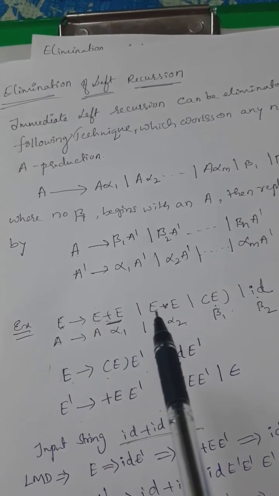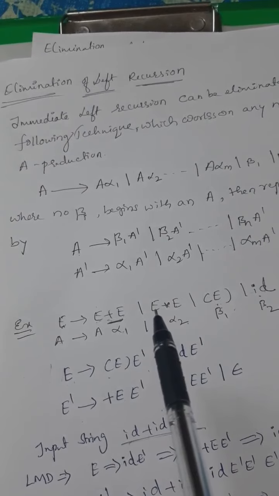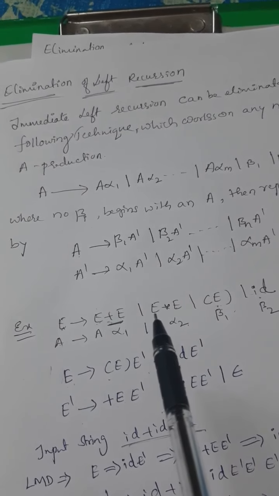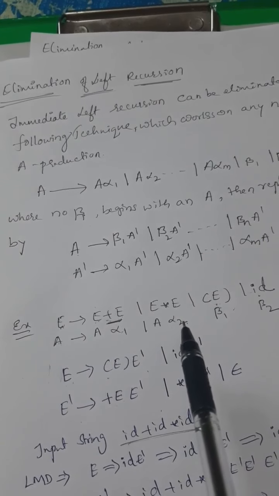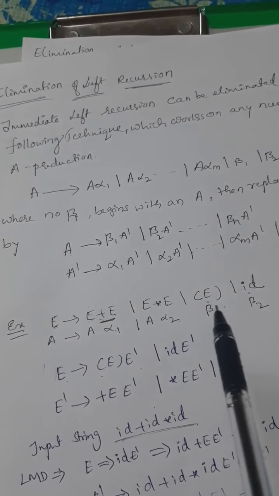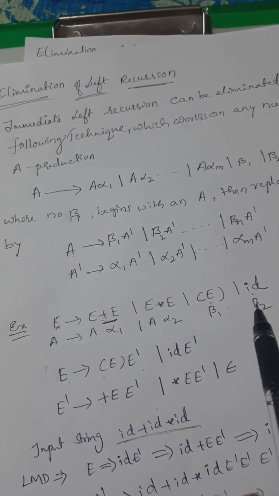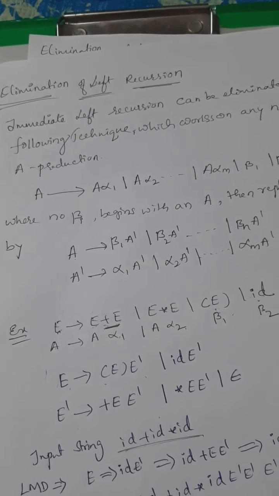The second production again has a left recursion because the left side E symbol occurs as the first symbol in the production. So after leaving this symbol, whatever is left out, I will mark as alpha 2. And what about these 2 productions? These 2 productions don't have a left recursion. So I will mark these 2 as beta 1 and beta 2.